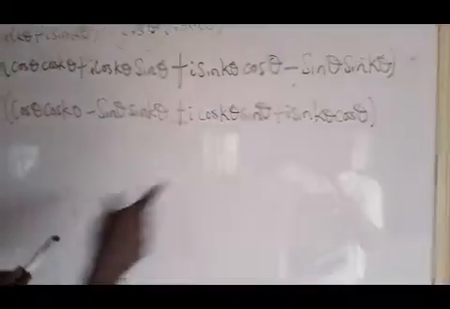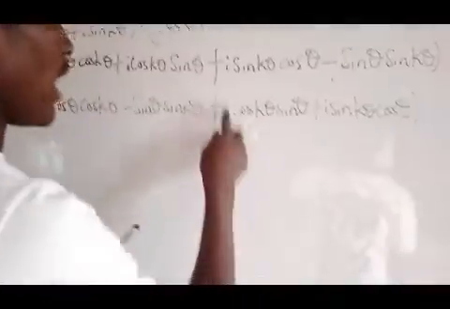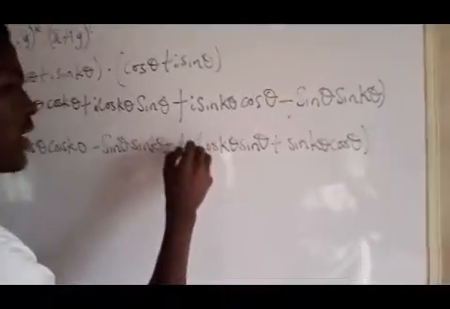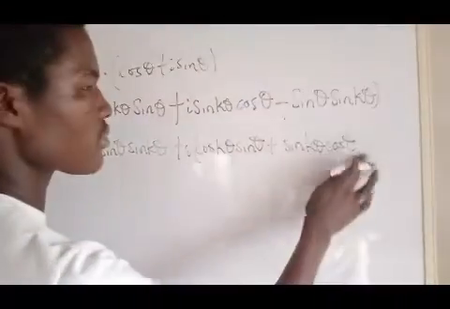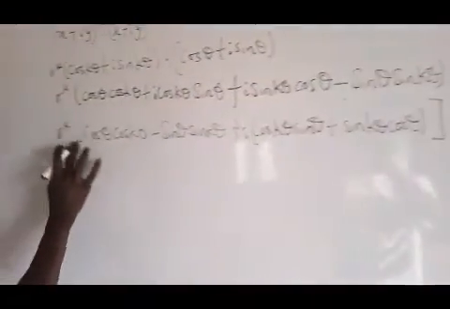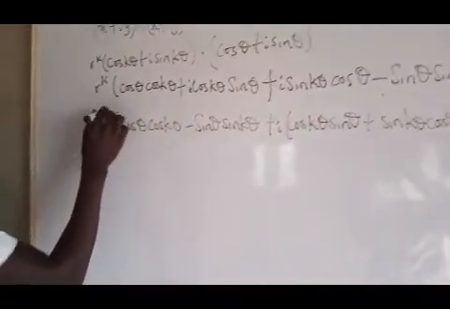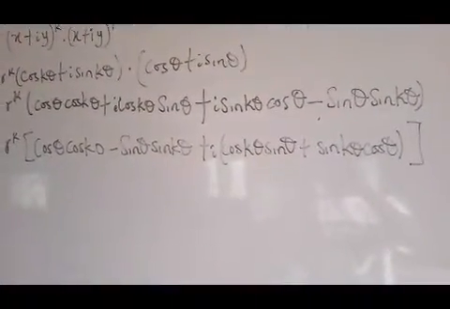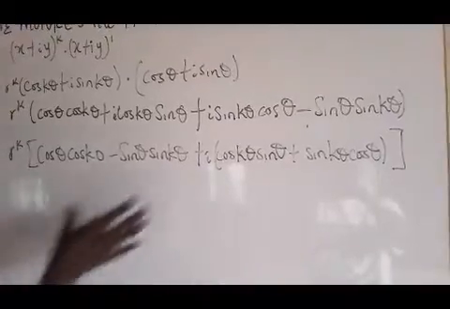Now instead of writing this, I can put the I outside like this. So do we get this now? All right, so as we can see from here, we now have the real part.